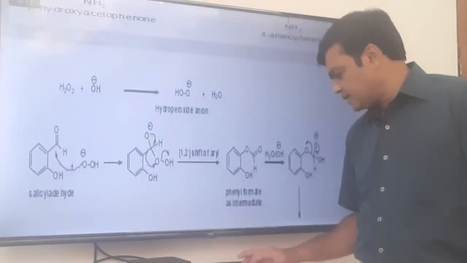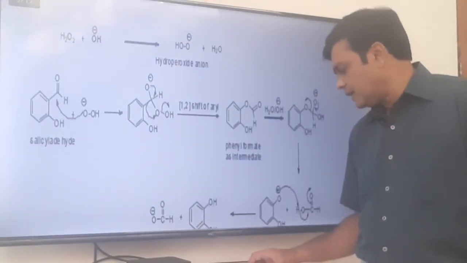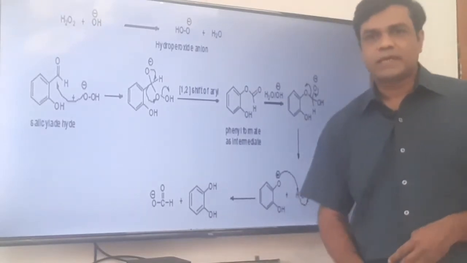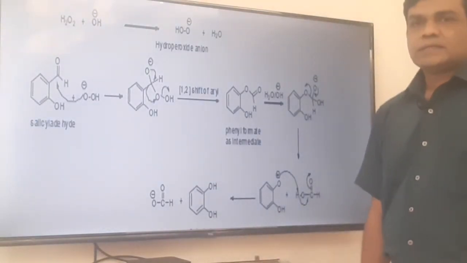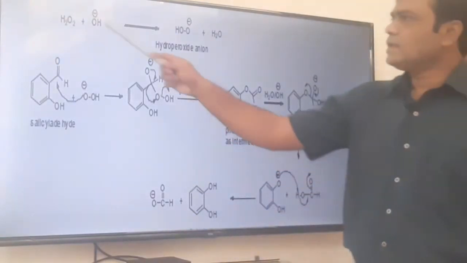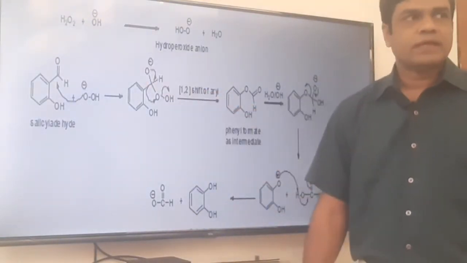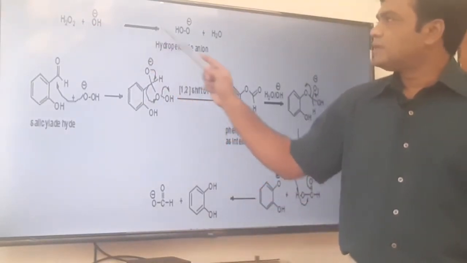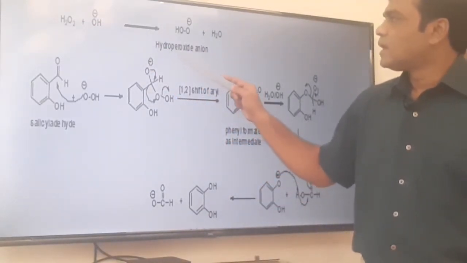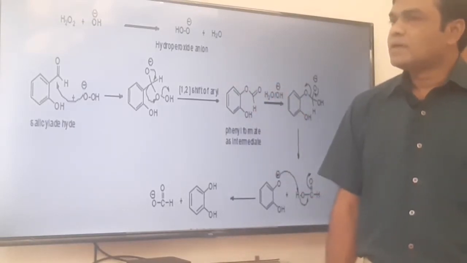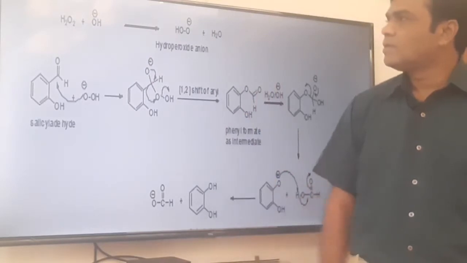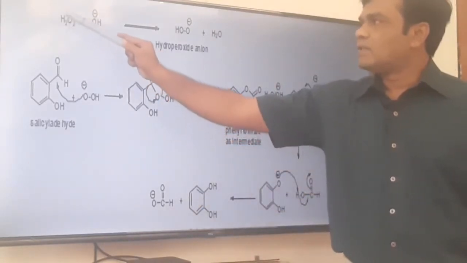Now let us see the mechanism, how that aldehyde or ketone group is oxidized to OH. It is interesting to see the mechanism. See here, this is hydrogen peroxide, alkaline media, hydroxide ion. In the first step, there is a formation of hydroperoxide anion. It means this proton and this hydroxide ion combine to form the water molecule, and here what is remaining?